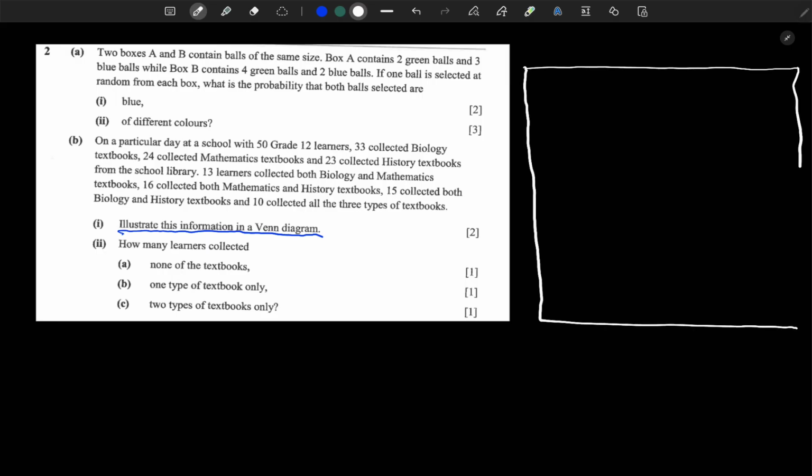Then after drawing a rectangle, you need to look at how many sets we are going to have, and also whether we are going to have the intersection of all three sets. If you look at the information, we have 10 who collected all three. So the three sets that we are going to draw, make sure that they intersect at one point.